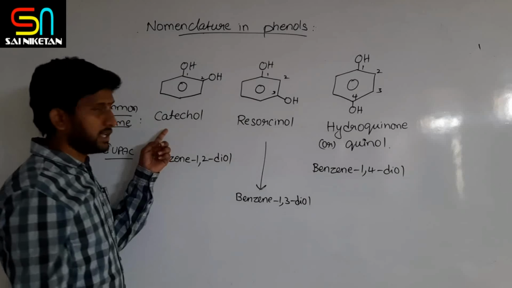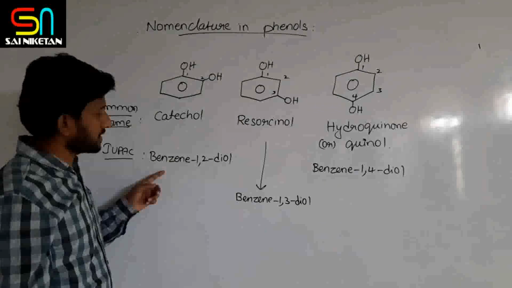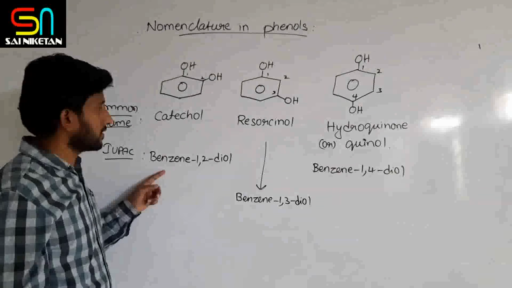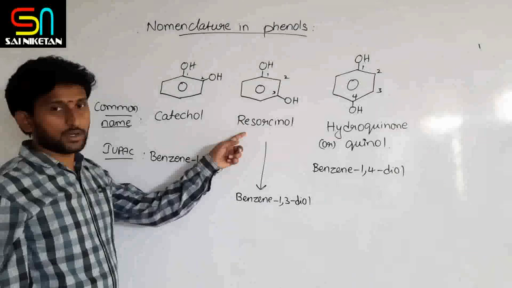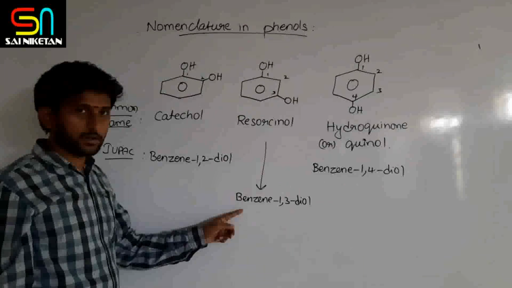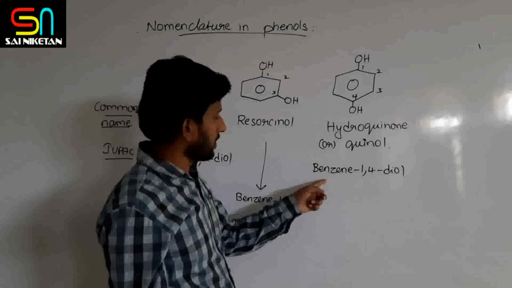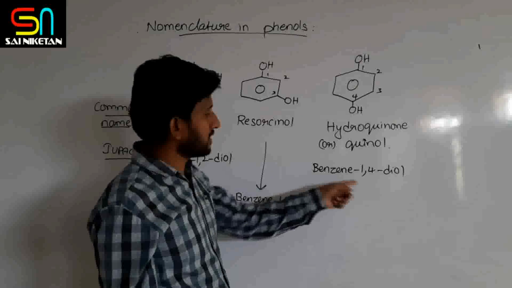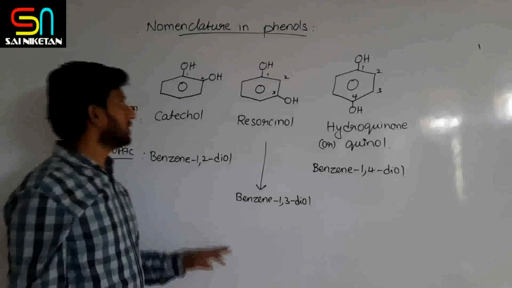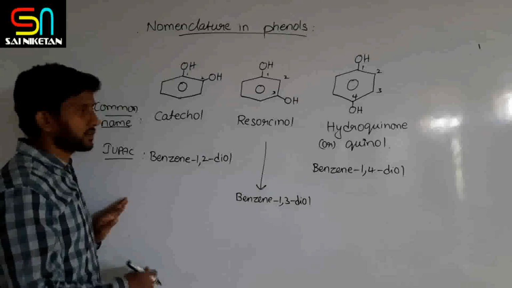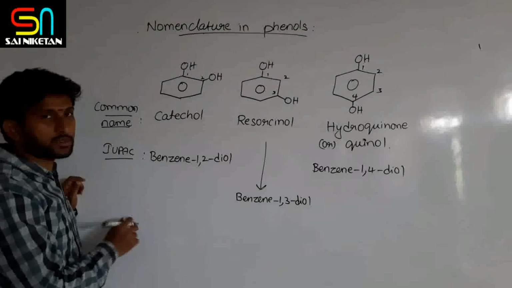So common name catechol, IUPAC name benzene-1,2-diol. Common name resorcinol, IUPAC name benzene-1,3-diol. Common name hydroquinone or quinol, IUPAC name benzene-1,4-diol. These are some of the compounds you need to remember along with their common names.